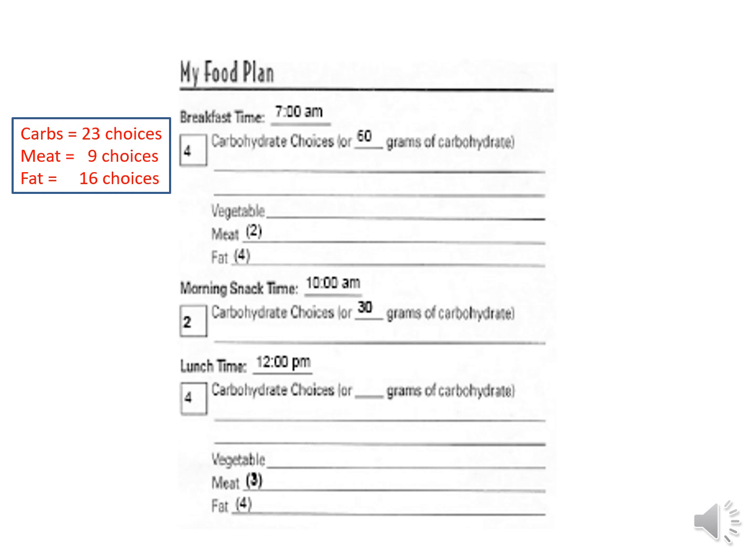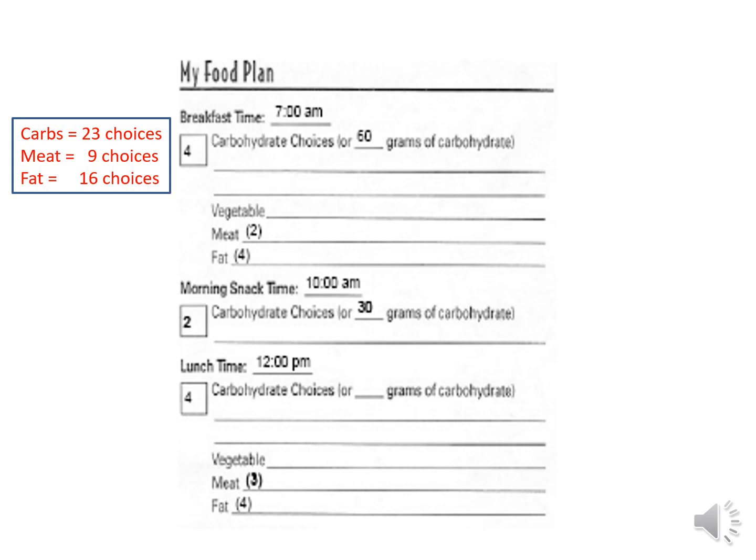What I decided to do is start with the carbohydrates, and I get 23 choices for the whole day. Now I need to decide how many I'm going to have for each meal. So I decided to have 4 for breakfast, 2 for snack, and 4 for lunch. But you can choose whatever you want.